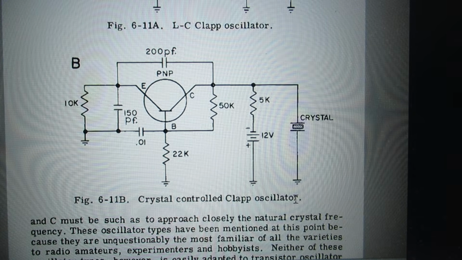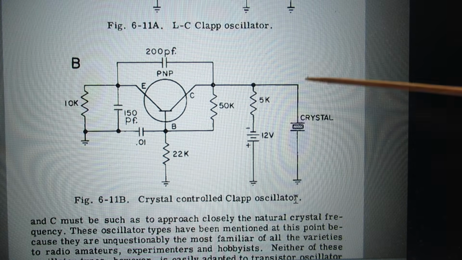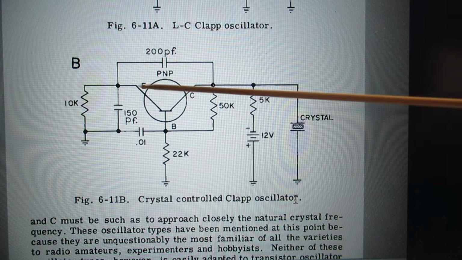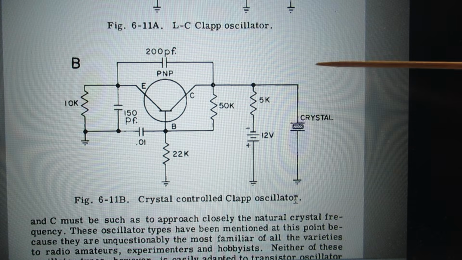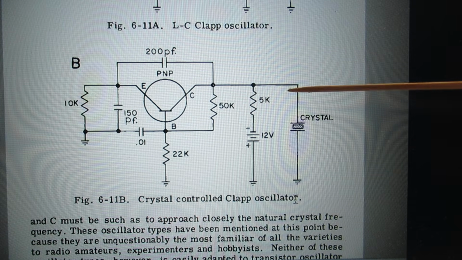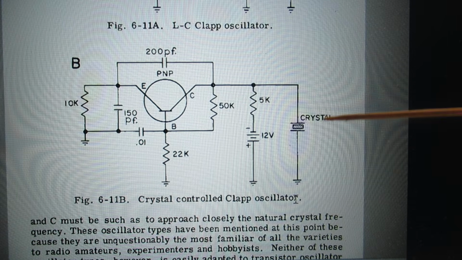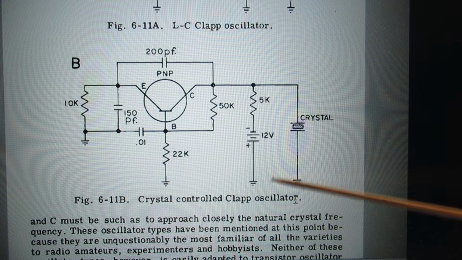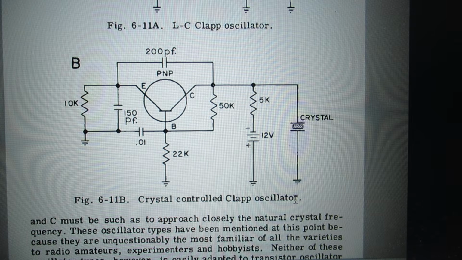Well, here the same thing, but now it's a crystal. And we know from the radio theory that a crystal can be, in a certain way, compared to a coil, but a coil with an extremely high quality factor. So when you want to know more, go to the World Wide Web.